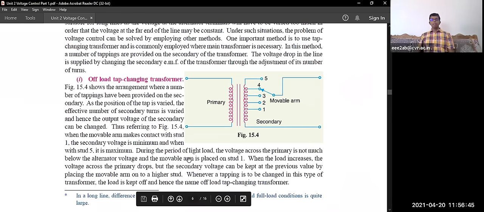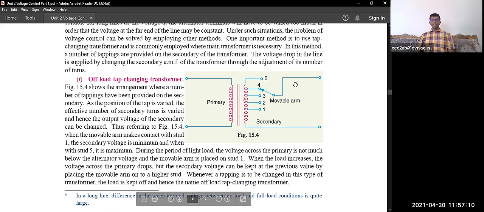So it depends on the voltage range you want. If you want less voltage, you connect this movable arm to stud 1. If you want more voltage, you connect it to stud 5. If you want medium, you connect to 3 or 4, whichever voltage you want on the secondary side.